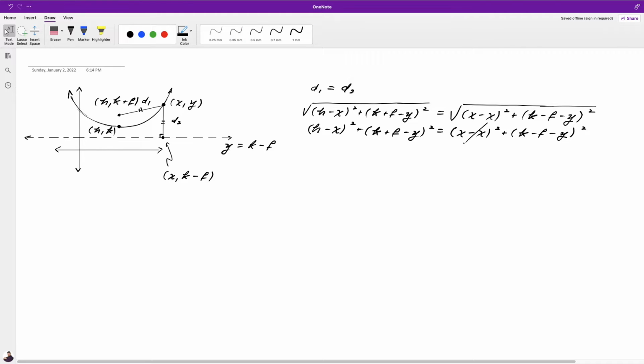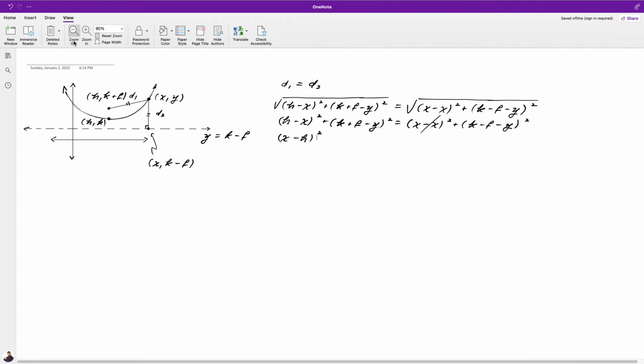Let's go ahead and expand. I'm going to actually keep this as it is. I'm pretty sure I'm going to need this, but I'm going to write it as x minus h quantity squared rather than h minus x quantity squared, which is the same thing. I can just take a negative 1 out of this, and negative 1 squared is 1. So again, those are the same thing. Keeping this in this form for strategic reasons.